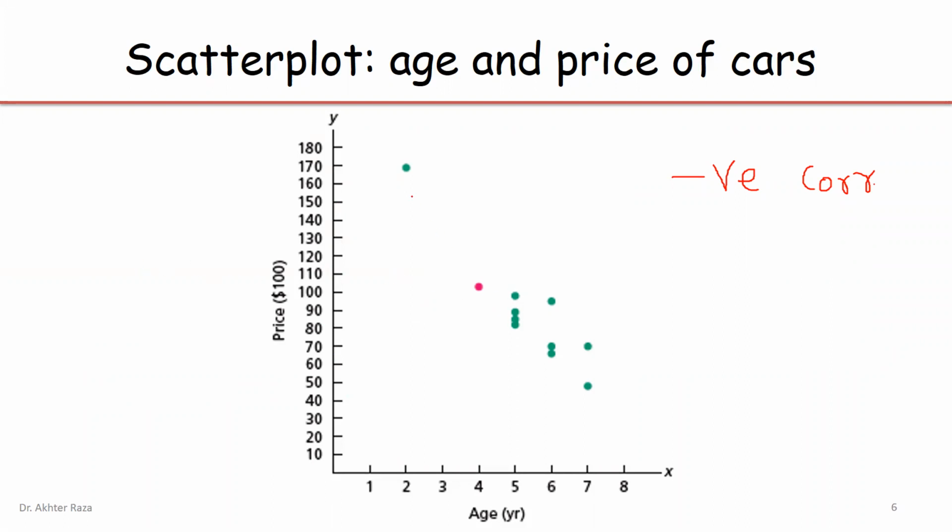This negative relation has a strength if the points are very close to this line. This is the line of best fit that we will analyze in the next part of this presentation. If the points are close to the line, we can say that there is a strong relationship between these two variables.